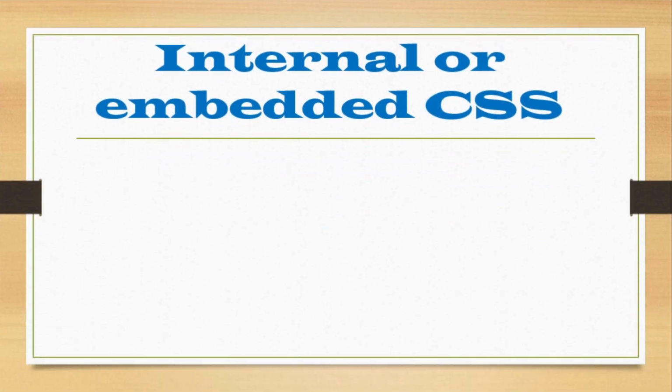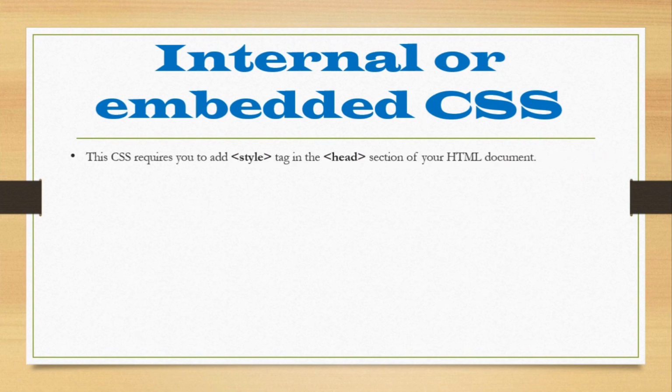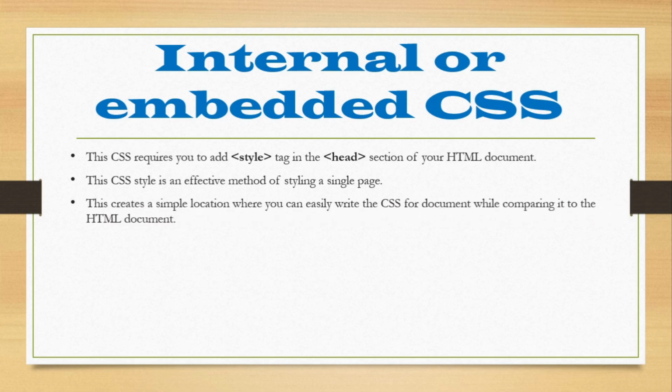The second, internal or embedded CSS, requires adding a style tag in the head section of your HTML document. This CSS is an effective method of styling a single page. This creates a simple location where you can easily write the CSS for a document while comparing it to the HTML document.